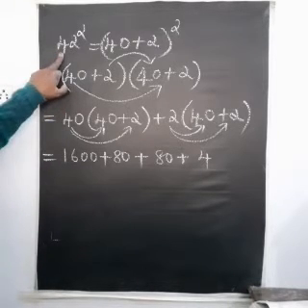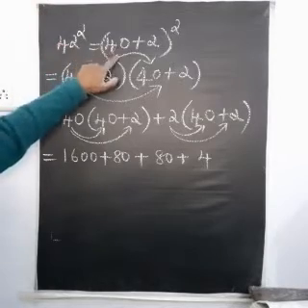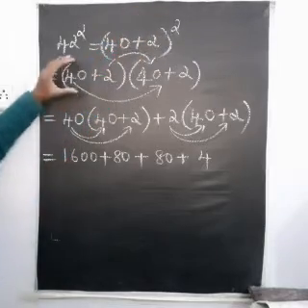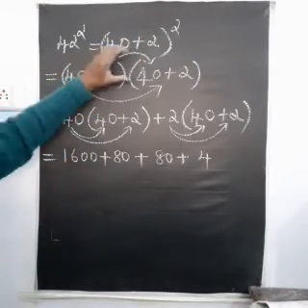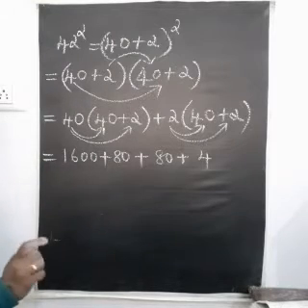Please understand, children, 42 squared. I am splitting and writing 42 as 40 plus 2 the whole square. Then 40 plus 2 the whole square, I am splitting as 40 plus 2 into 40 plus 2. Then I am using the distributive property.